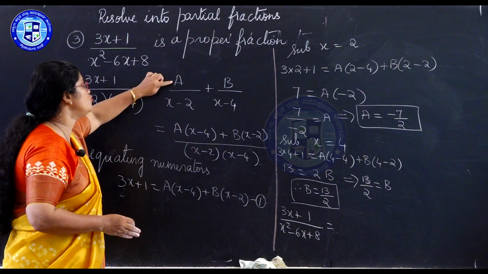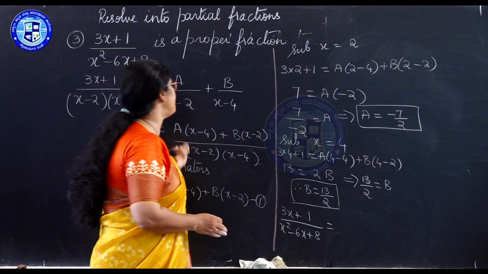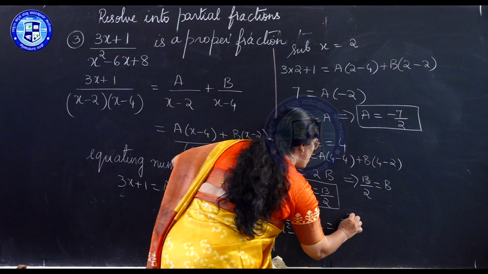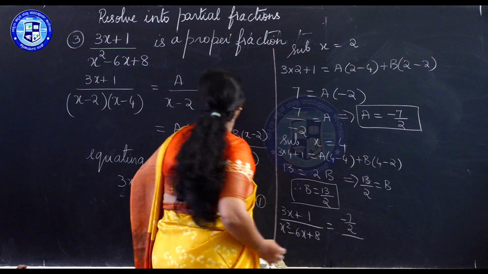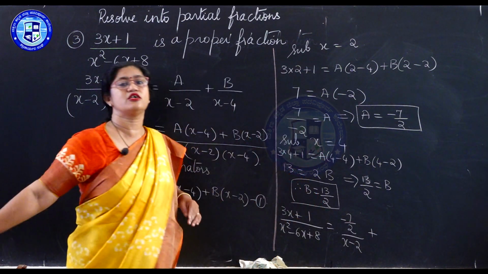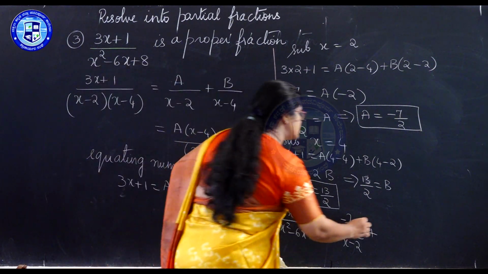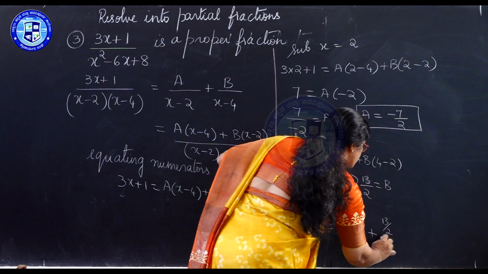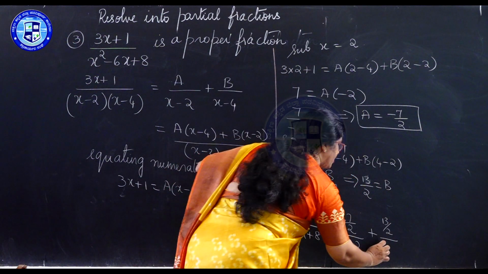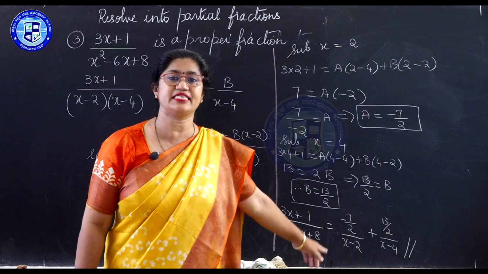What is the numerator for x minus 2? It is a. And what is the value of a? Minus 7 by 2. Minus 7 by 2 divided by x minus 2 plus, what is the numerator for x minus 4? b, and b is 13 by 2 divided by x minus 4. Yes, we are done, and that is the answer.